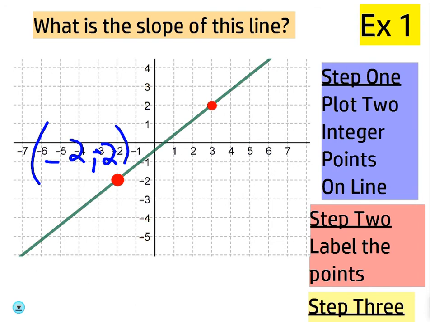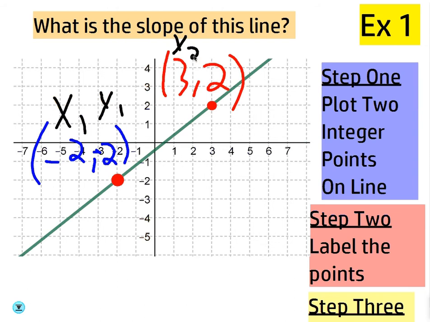Okay, the point on the left, you're going to label x1, y1. Okay? And then we're going to go to the next point, which is going to be 3, 2. And what do you think that's going to be labeled? x2, y2. Okay?